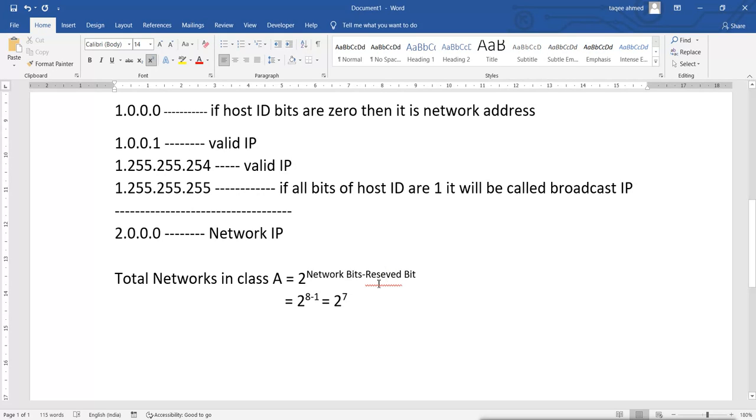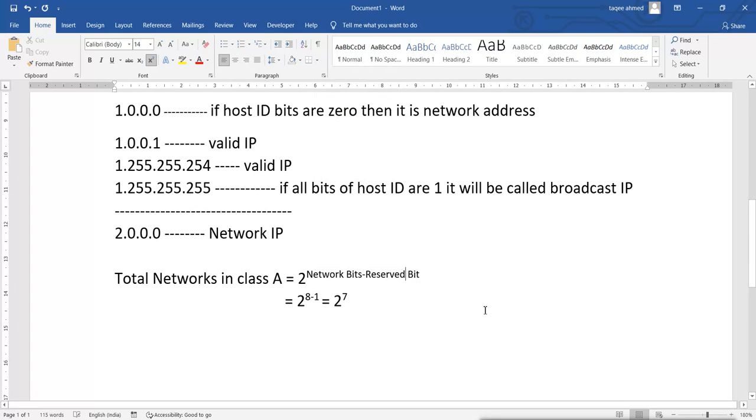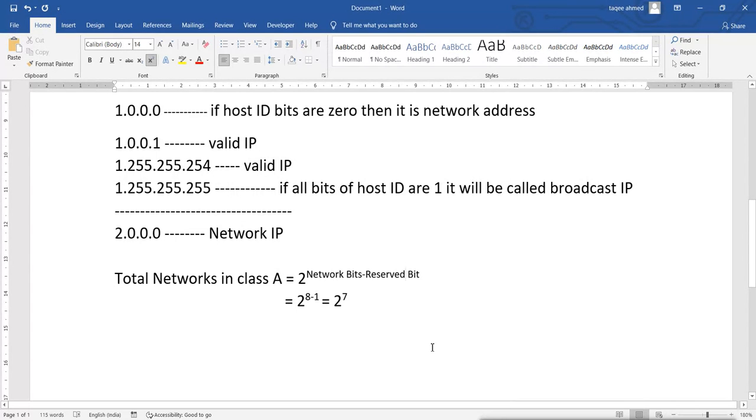When we deduct the reserved bit, we remain with 7. So when you do 2 raised to 7, you actually get 128, and that is the real value of networks.